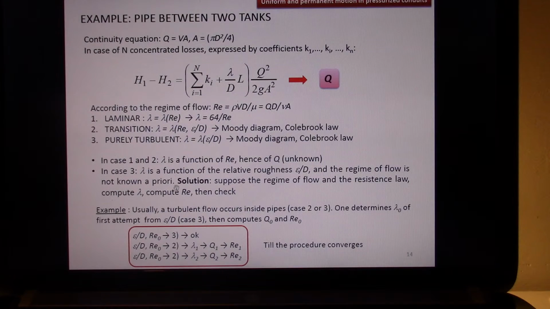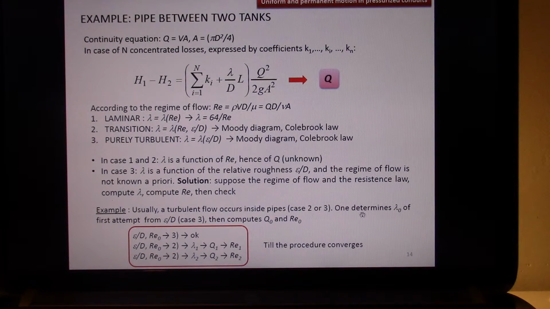We start by supposing I want to compute this equation right here, and I don't know exactly what kind of lambda I've got, because I don't know exactly what kind of regime I'm facing. So usually what one does is to suppose that inside the pipe there's a turbulent flow, which means that you're considering case 3 or, worse, case 2.